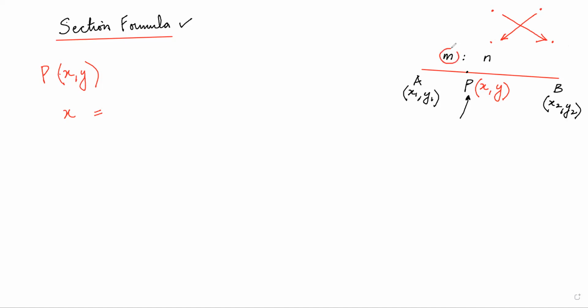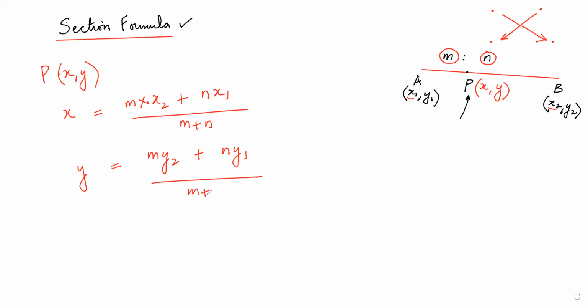So this is m here, start with m into x2 plus n into x1, that is abscissa of point A, divided by sum of these two, that is m plus n. Similarly, students, the ordinate of point P is equal to m y2 plus n y1 divided by m plus n.